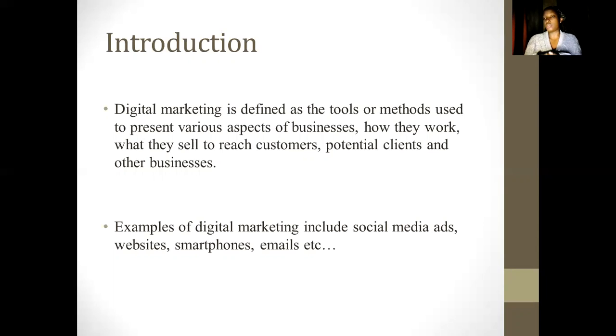Some examples of digital marketing methods include social media advertising, websites, use of smartphones, or emails. All those are examples of digital marketing or digital services. These are methods or tools that are used to reach out to customers.